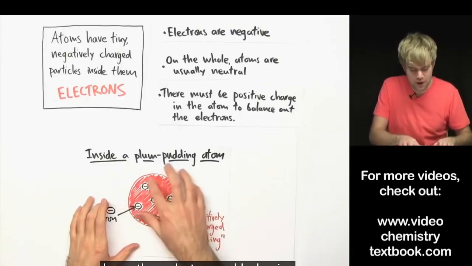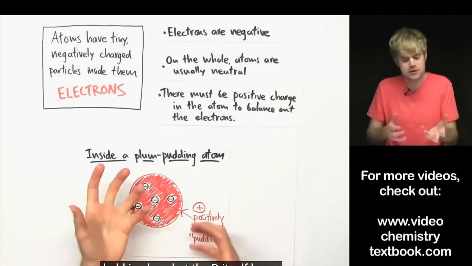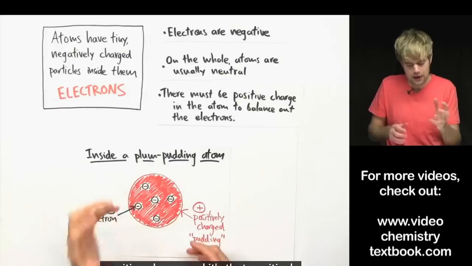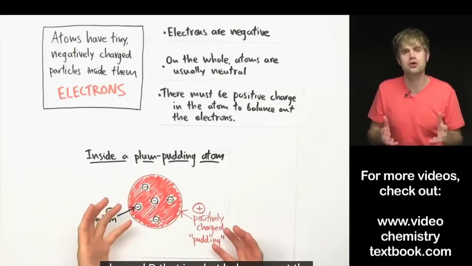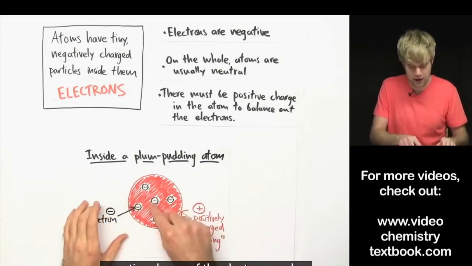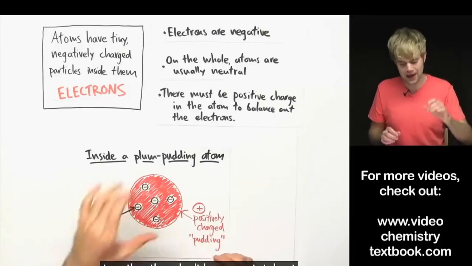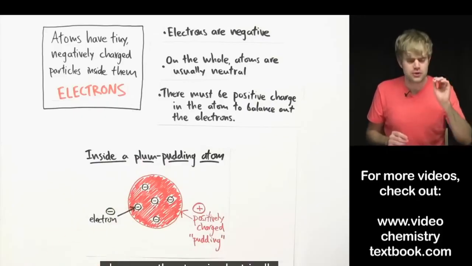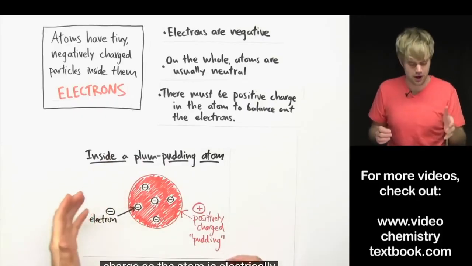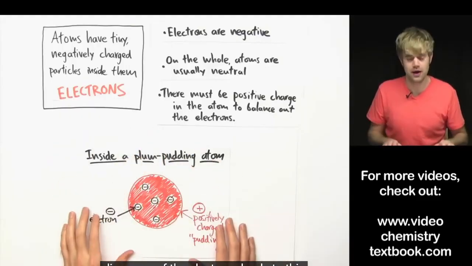But the dough itself has a positive charge. And it's that positively charged dough that balances out the negative charge of the electrons. And so together, they don't have any total net charge. So the atom is electrically neutral. So that's how J.J. Thomson's discovery of the electrons leads to this plum pudding model of the atom.